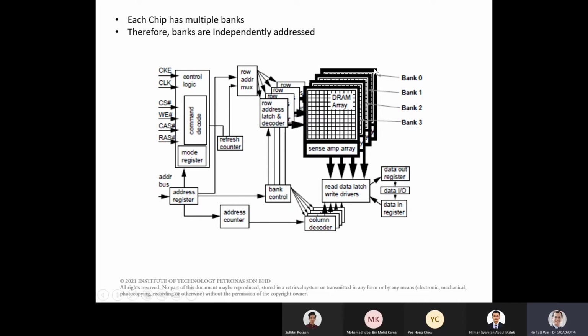What do I mean by pipeline? You remember there's a row access, then I have to do a pre-charge, then I do the row access, then I wait for the access, the sense, and then the restore, and then the column, and then the output data register, right? So it's a long process. So in order to cut short the time, I can actually pipeline it, meaning that maybe the first bank, I can do the row access. After the pre-charge is done, I actually want to do the access, sense, and restore.